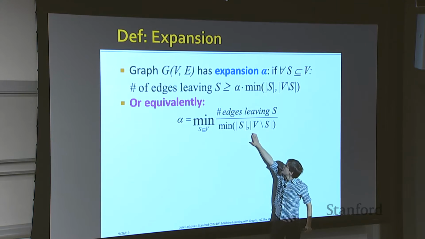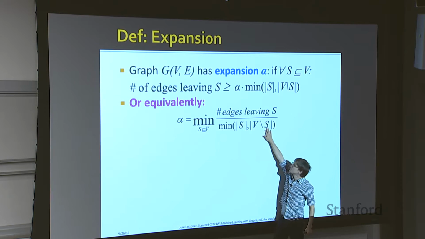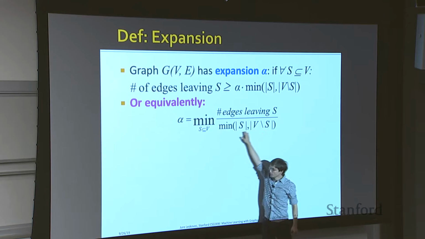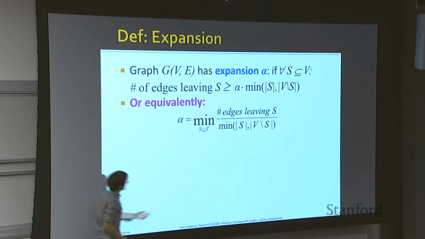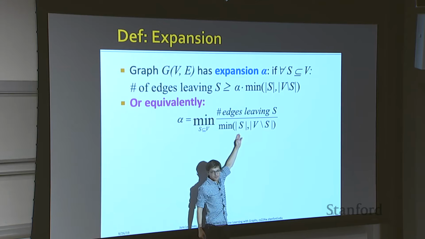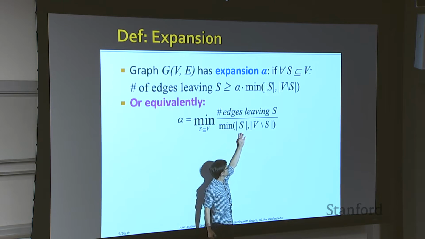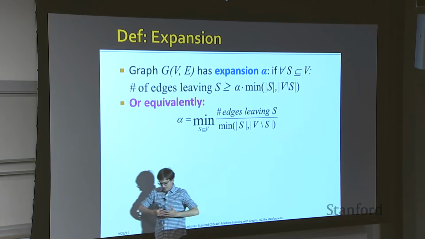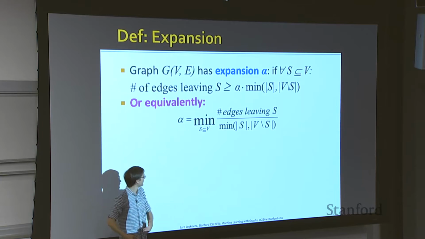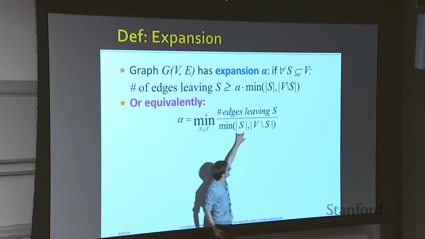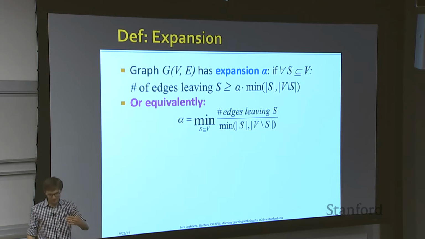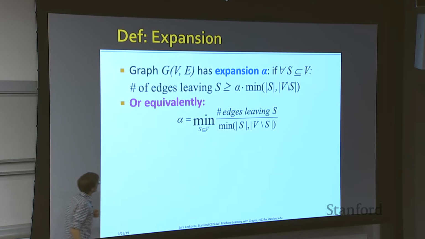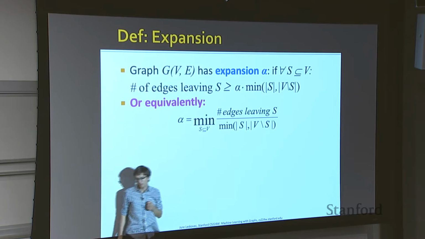The reason is that you take whatever is smaller. If the size of S is less than half of the nodes in the graph, then you can just divide by the size of S. This is just to prevent the metric from cheating itself. So this is what alpha is.